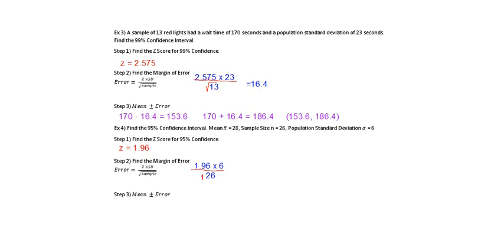So we got the division, we got the square root, all right. And if we put that in the calculator, the error is 2.3. All right, terrific. Now it's time to do mean minus error and mean plus error. So we're going to do 28 minus 2.3, which is equal to 25.7, and 28 plus 2.3, which is 30.3. So our confidence interval is 25.7 to 30.3. Just like that.